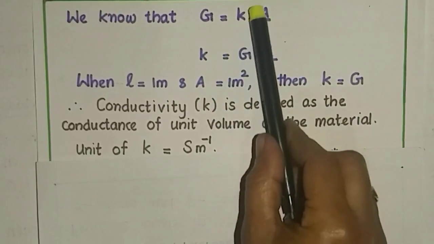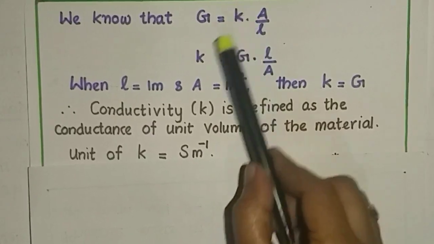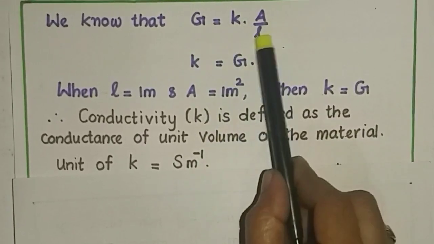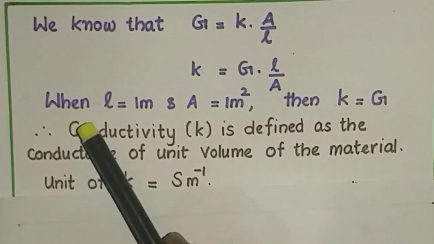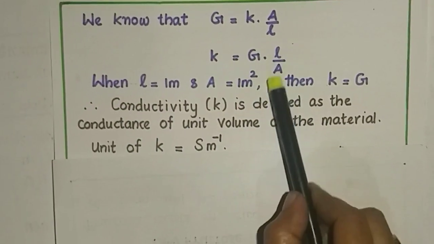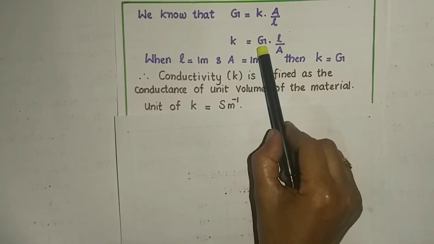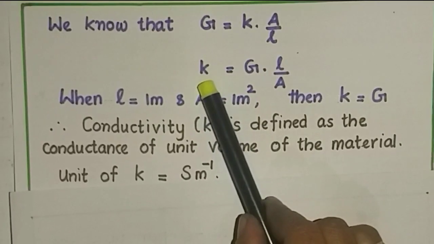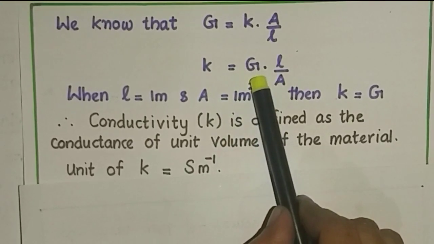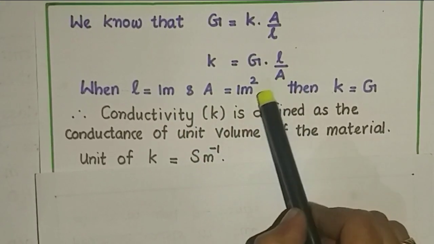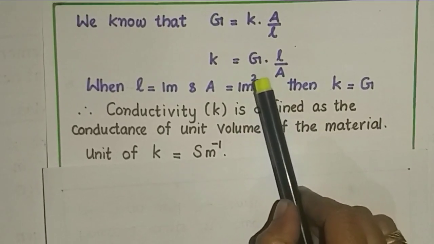Then K is equal to G into L by A. When L is 1 meter and A is 1 meter square, then K is equal to G. Conductivity is defined as the conductance when L is 1 meter and A is 1 meter square.